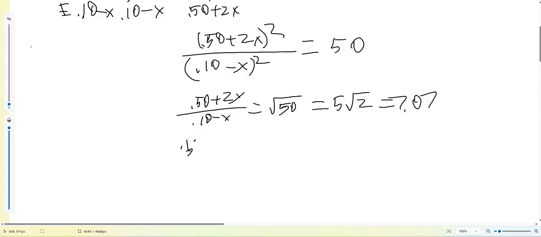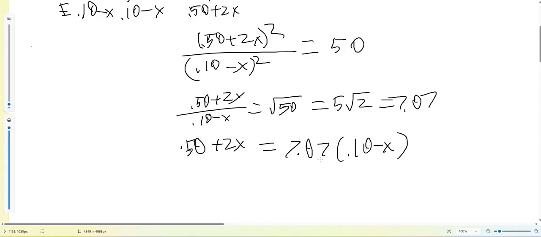We do the algebraic expression. By that I mean we just multiply by the denominator on both sides and solve, and do the distributive property: 0.50 plus 2x equals 0.707 minus 7.07x.